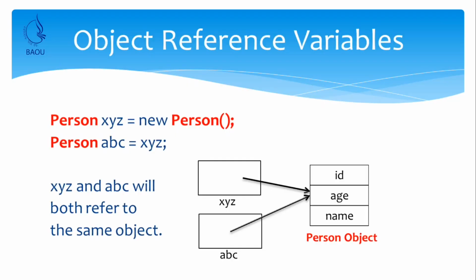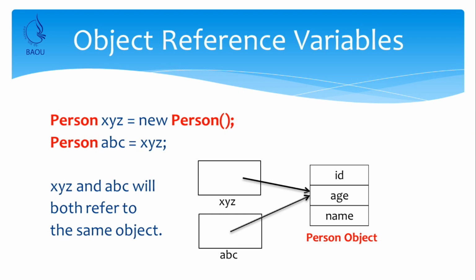The next is object reference variable. For example, if I declare XYZ as a person object and then in second line I write person abc is equal to XYZ. Now, what will happen in case of ordinary variable? Separate memory is allocated for XYZ and abc and the value of XYZ is stored inside abc, but this is not the case with objects.